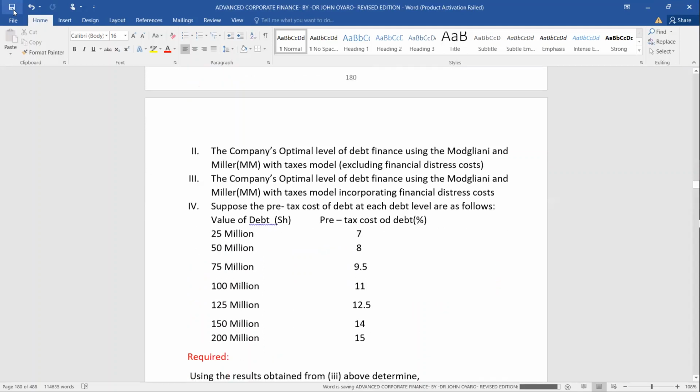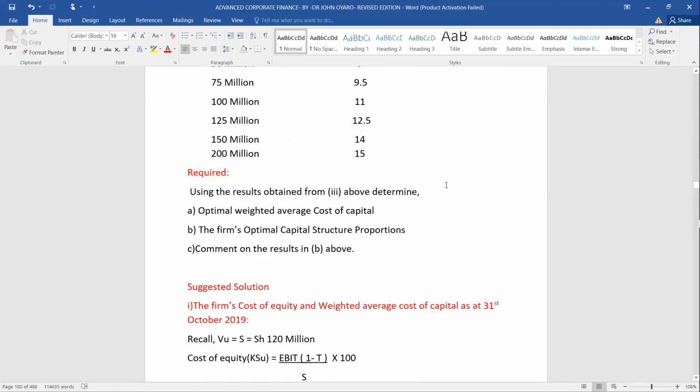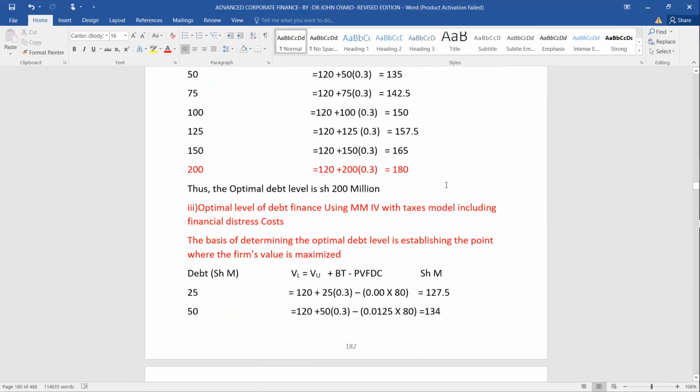Number 3, optimal level of debt finance using the Modigliani and Miller with taxes model incorporating financial distress costs. If you look at this question, we are not given personal tax rates in MM3. In the absence of personal tax rates on stock returns and on debt returns, you move from MM2 and remove financial distress costs.